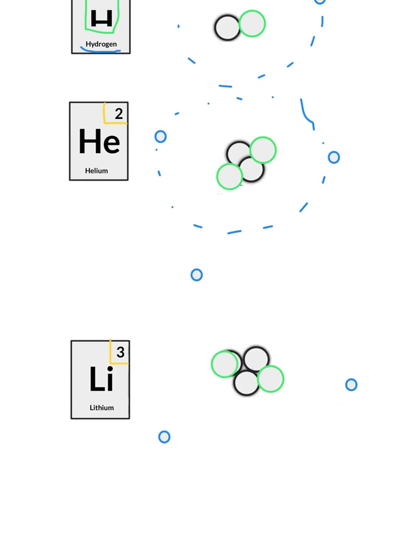And we'll talk about why in a video later. And so here we are. We've got another atom, this one being lithium. And the reason why I put 3 protons in there is because if we look at the periodic table, lithium is number 3, which means it has 3 protons.